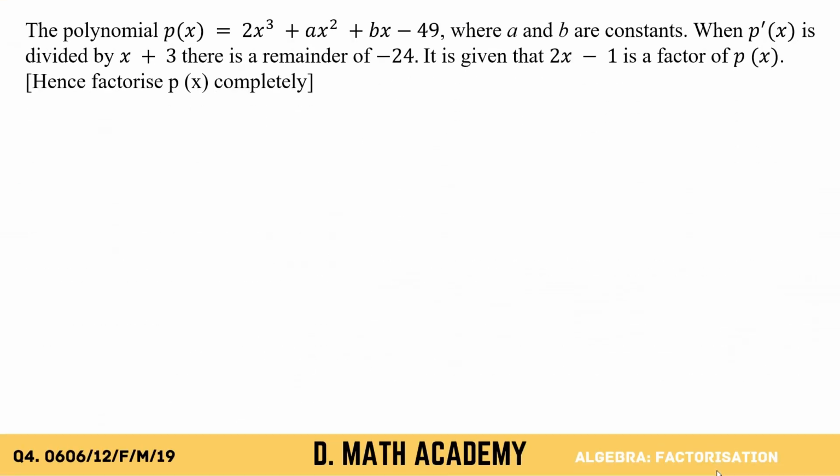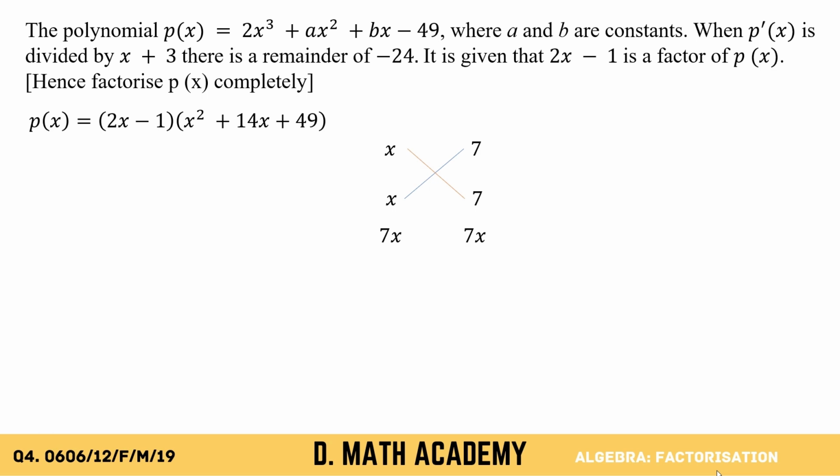For the last section here, factorize p(x) completely. What they wanted you to do is to factorize the q(x) that you have there. So x times x equals x squared, 7 times 7 equals 49. Cross multiply them, we get 7x and 7x.